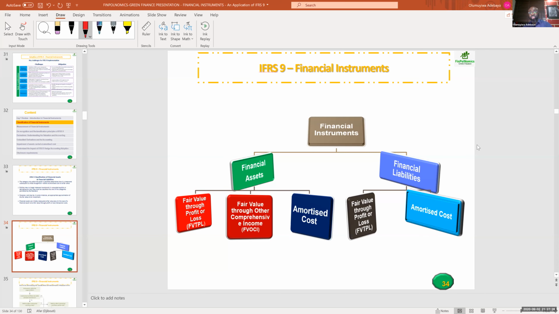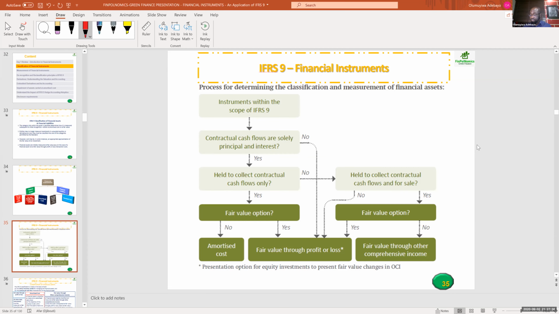Now, let's have a discussion about these buckets. Tomorrow, we are going to have more discussion about how you classify financial assets into any of the 3 buckets, and under what conditions. Similarly for financial liability.